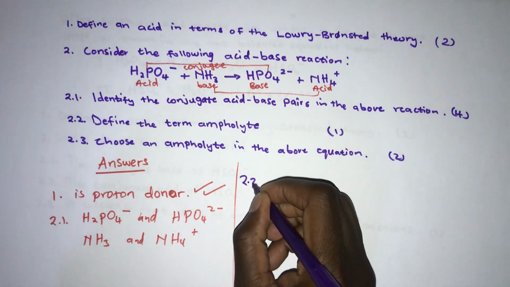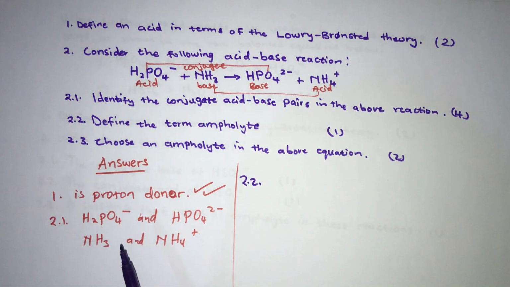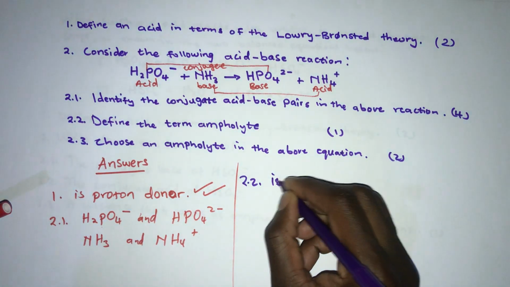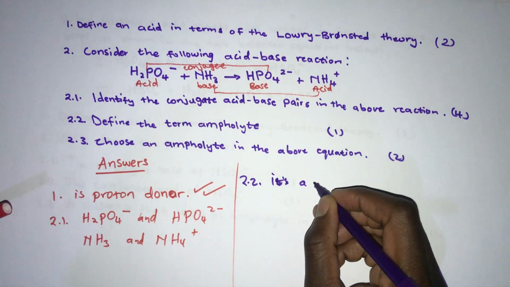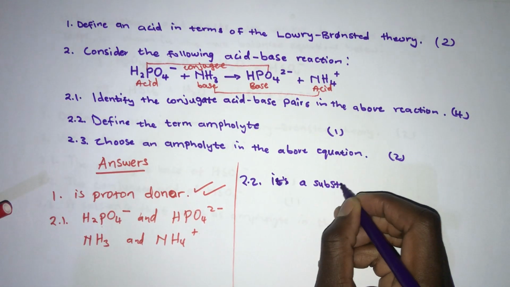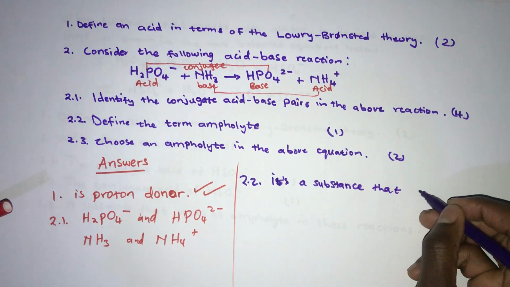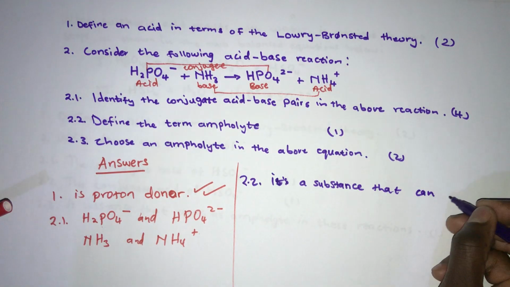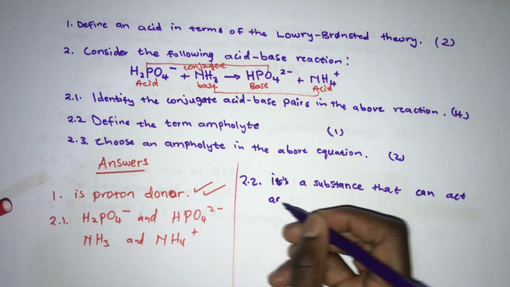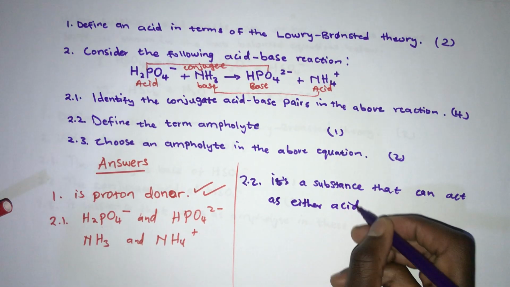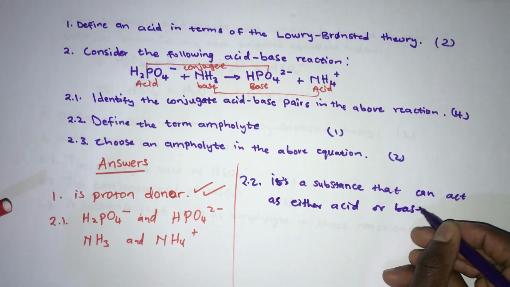So 2.2, they said define the term ampholyte. So I just said an ampholyte is a substance that can act as either acid or base.